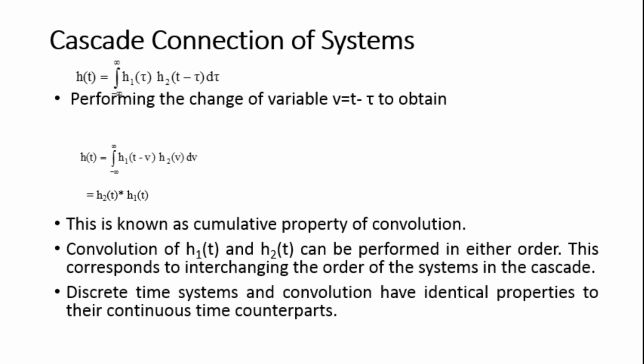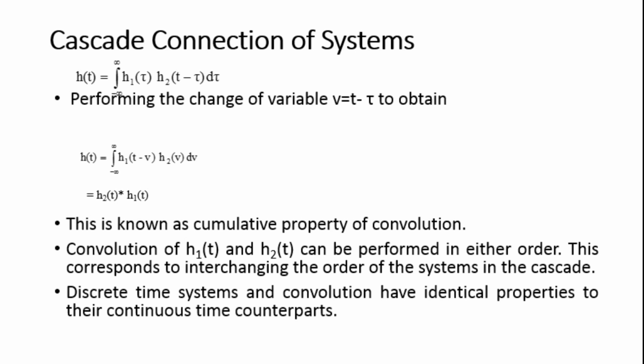This is known as the commutative property of convolution. Convolution of h1(t) and h2(t) can be performed in either order. This corresponds to interchanging the order of the systems in the cascade.